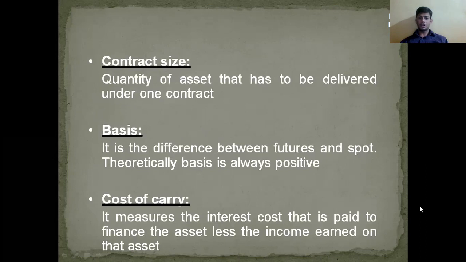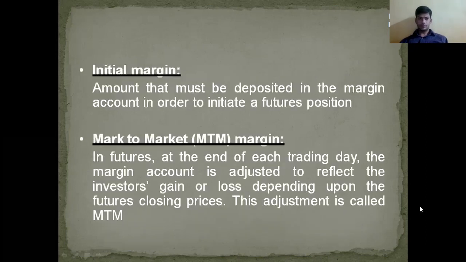Contract size is the quantity of assets to be delivered under the contract. Basis is the difference between future and spot price. Theoretically basis is always positive. Cost of carry measures the interest cost paid to finance the asset, less income earned on that asset. Initial margin is the amount that must be deposited in the margin account to initiate a future position.